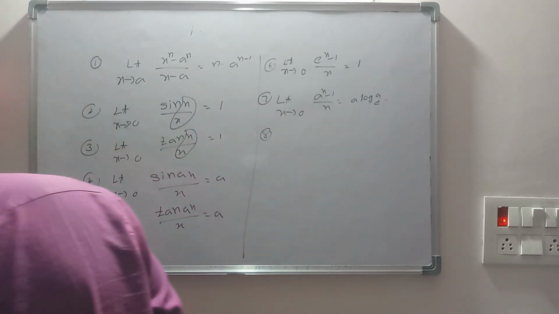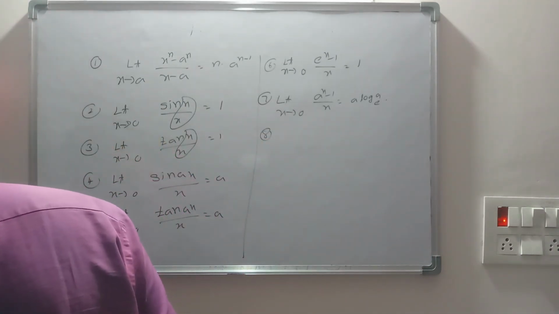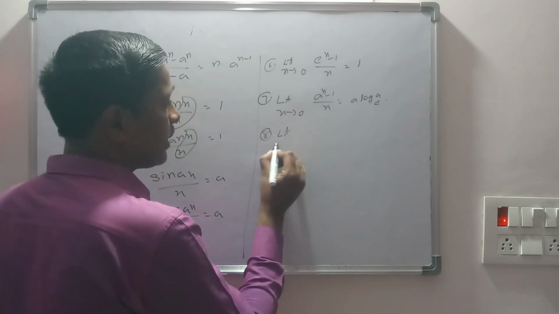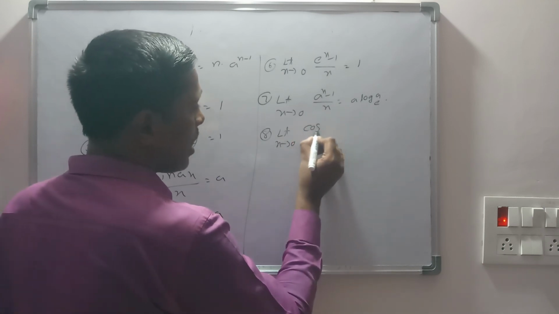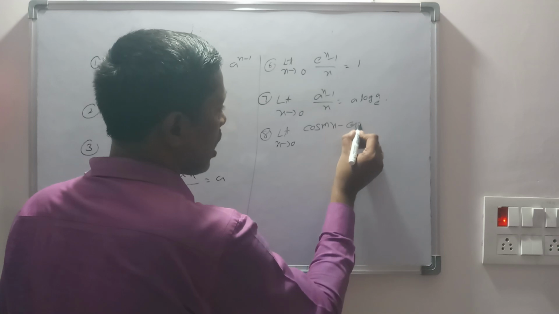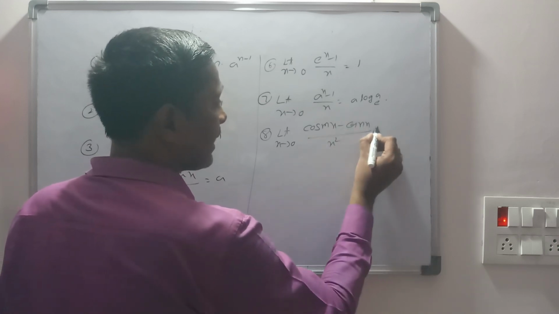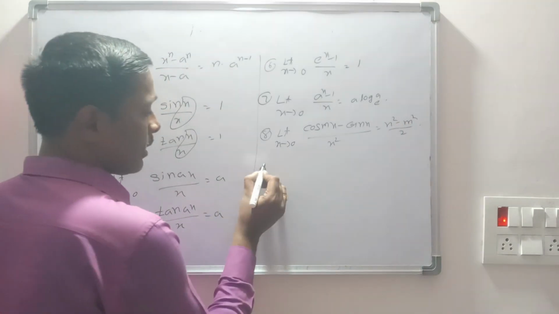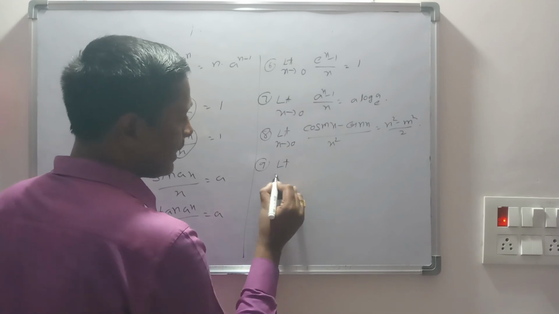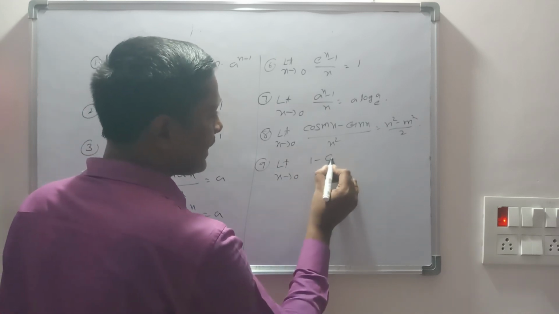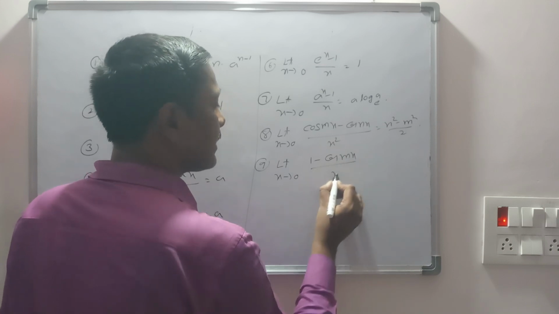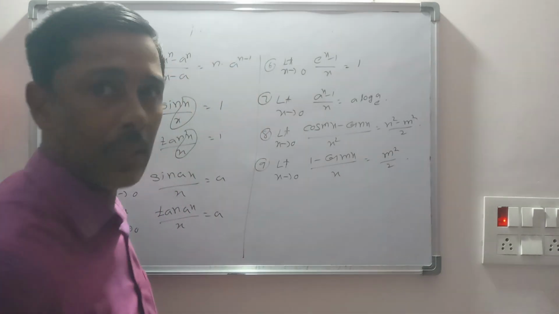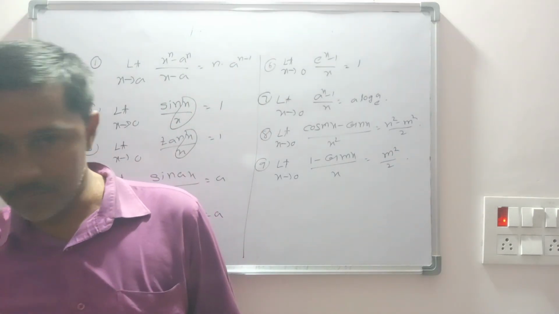Eighth one, limit x tends to 0, cos mx minus cos nx by x square is nothing but n square minus m square by 2. Ninth one, limit x tends to 0, 1 minus cos mx by x square is nothing but m square by 2. These are the standard forms.